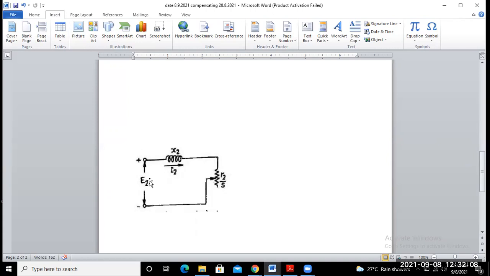That means EMF induced is E2, leakage reactance X2, current I2, and rotor resistance R2 for the standstill condition. The other circuit is drawn at any slip S, that is, with the rotor running at a particular speed.